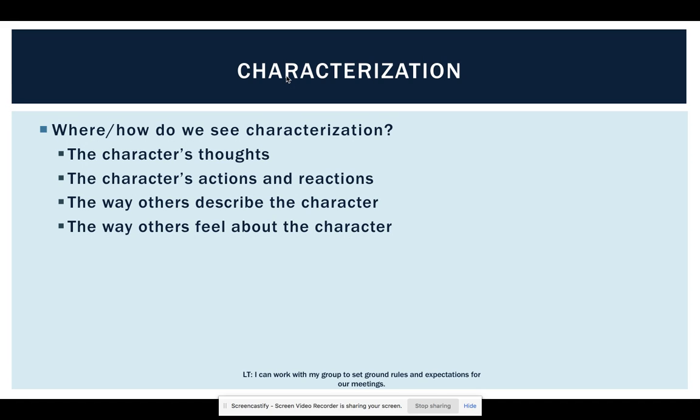And we can see that he cares about doing the right thing from the way that he thinks. When we look at his actions and reactions, we can see that he's really thoughtful, he's really sensitive, right? Examples of that would be the Christmas presents that he gets for Patrick, or the way he reacts when his sister tells him that she needs to go to the abortion clinic, right?